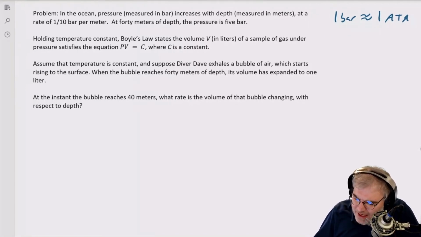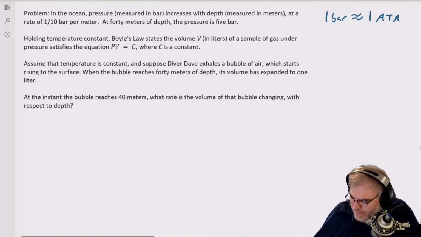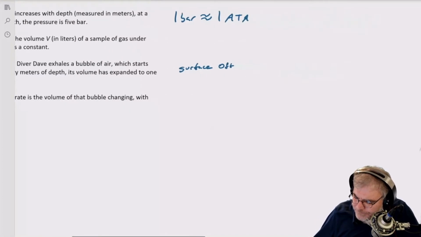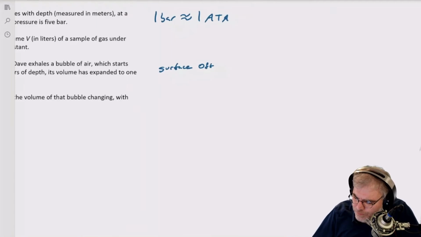Okay, so as I descend, for every 10 meters I descend, the pressure increases by 1 atmosphere. So here I am at the surface. And at the surface, otherwise known as a depth of 0 feet, the pressure is 1 atmosphere.